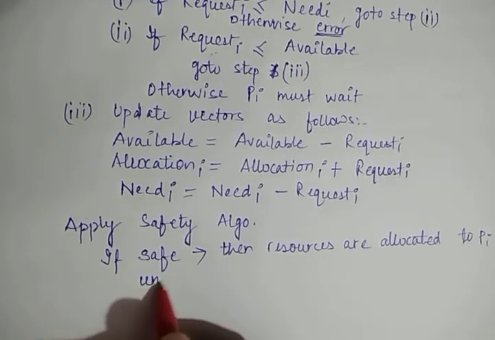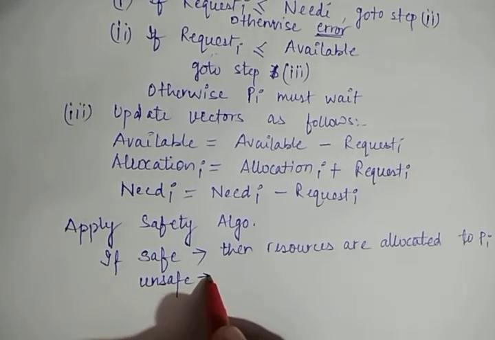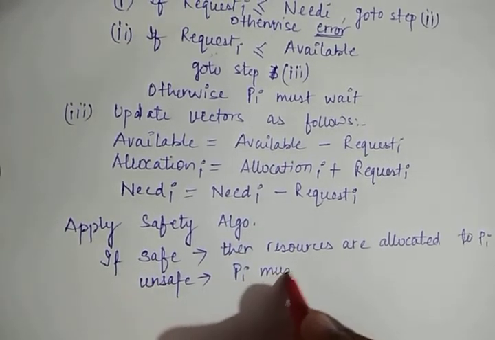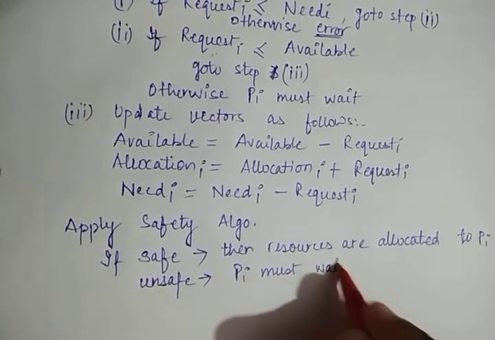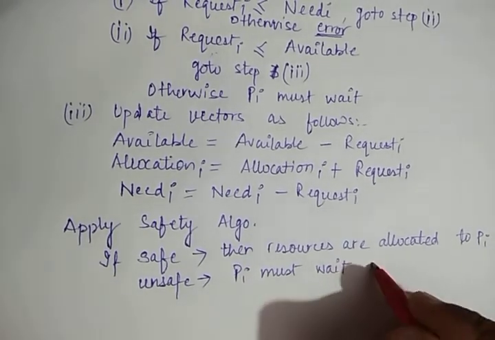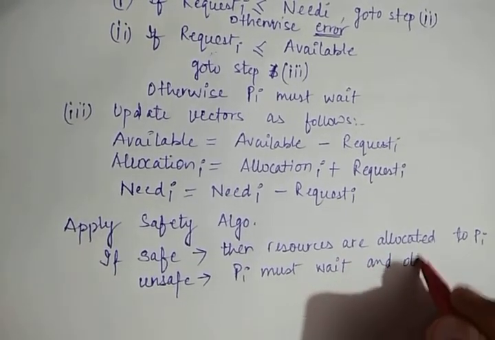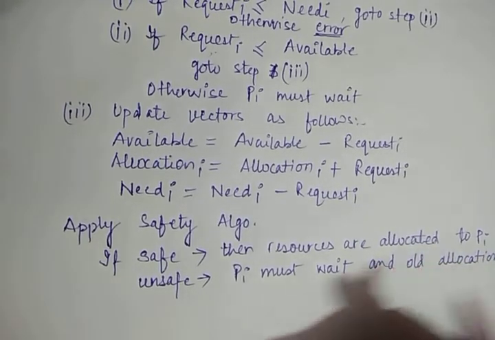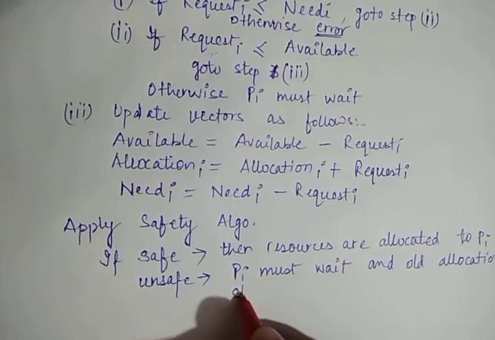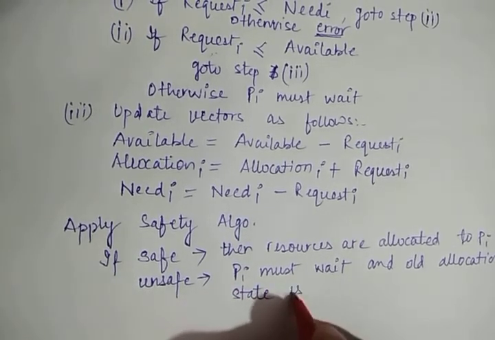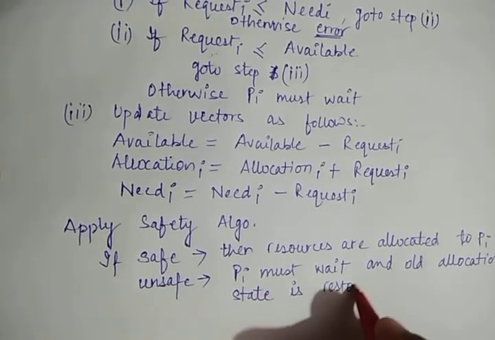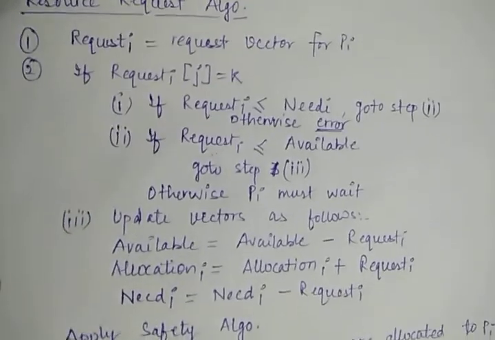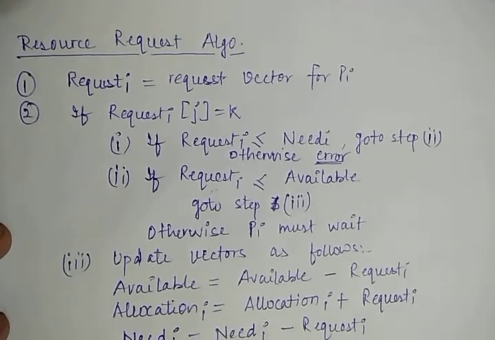If an unsafe state is found, then Pi must wait, and the old allocation state is restored. So this is the second part of our Banker's algorithm, which is called the resource request algorithm.